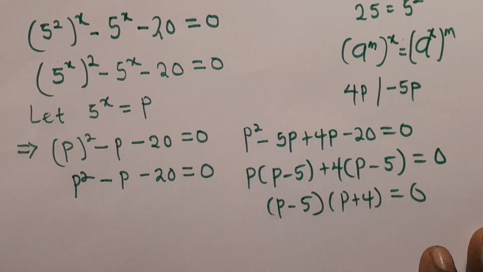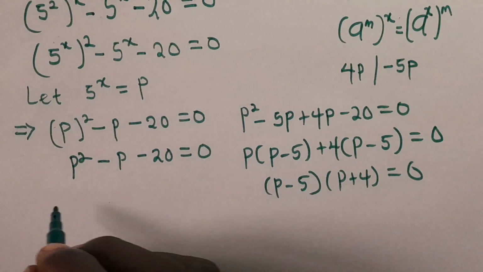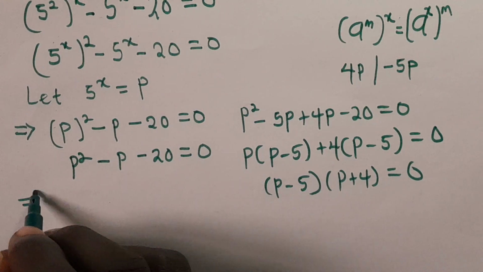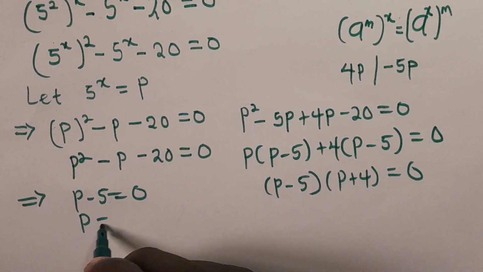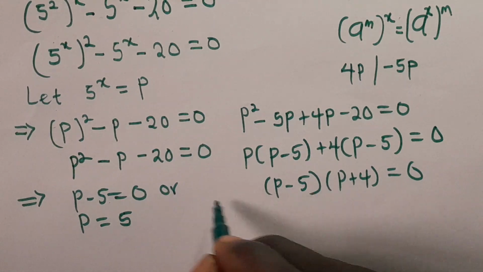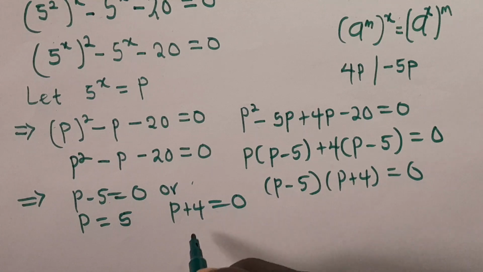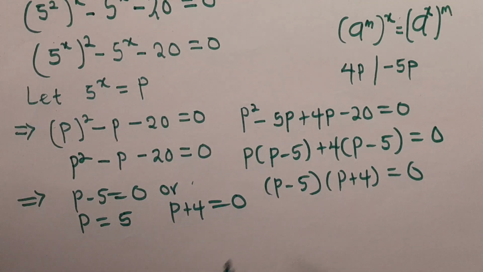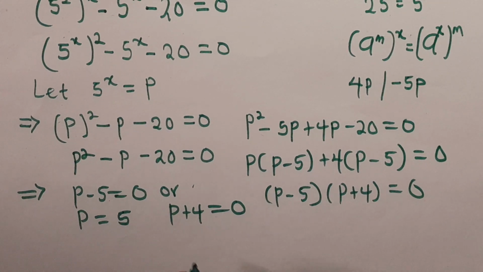So now from here, p minus 5 equals 0 implies p equals 5, or p plus 4 equals 0, which implies that p equals minus 4.